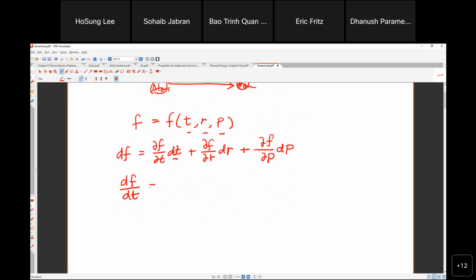Anyhow, if we divide, then partial of the transient term with respect to time, and I can switch a little bit.